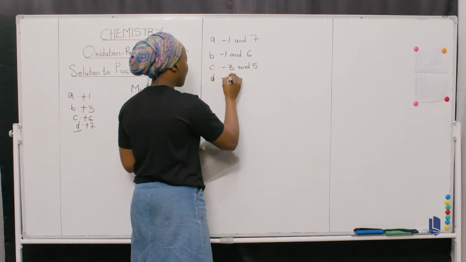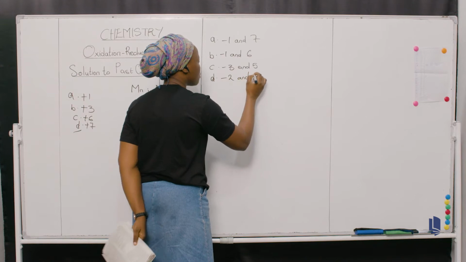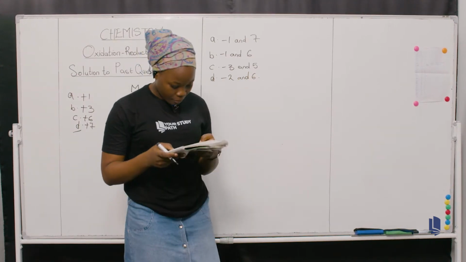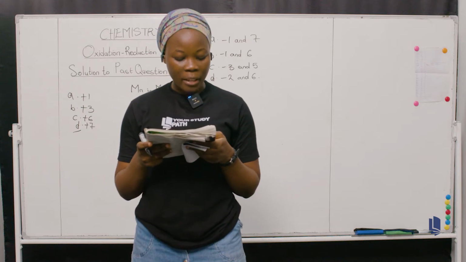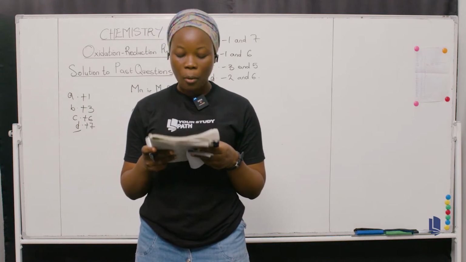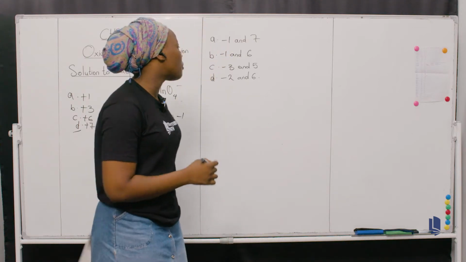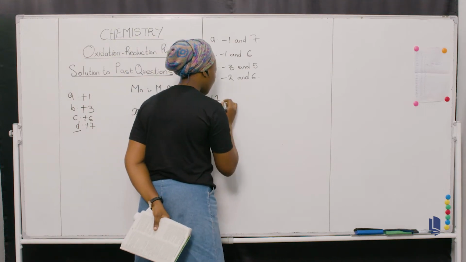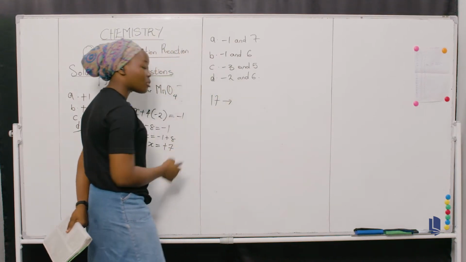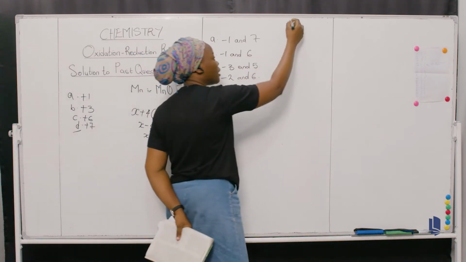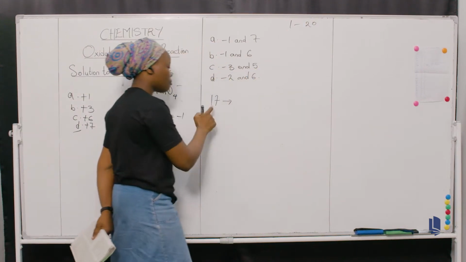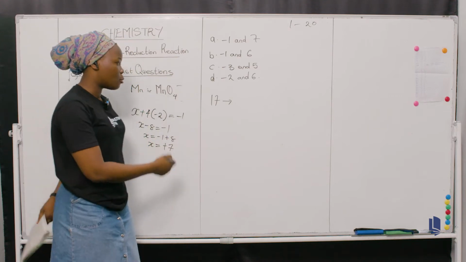D, -2 and 6. So the atomic number is 17, right? Once the atomic number is 17, it falls among the first 20 elements, and 17 is chlorine, but let's do it.